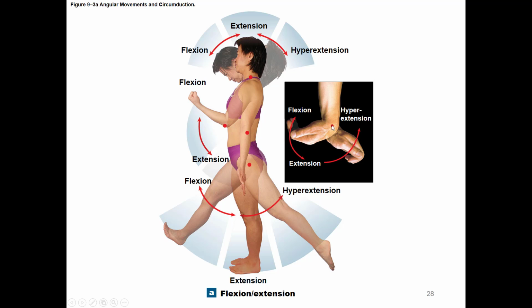Here's the wrist, bringing the wrist around towards the face, flexion. So flexion, we decrease the angle, and extension, we increase the angle. We straightened out to anatomical position.